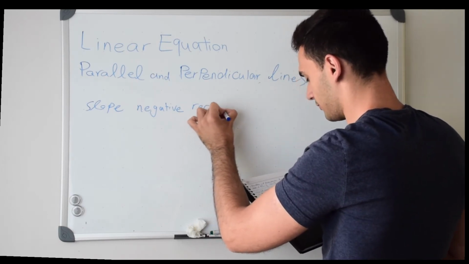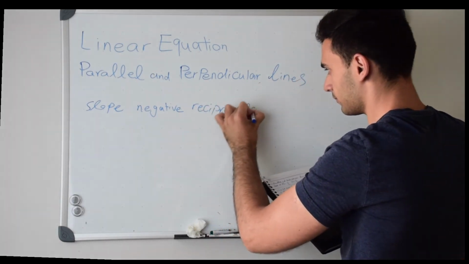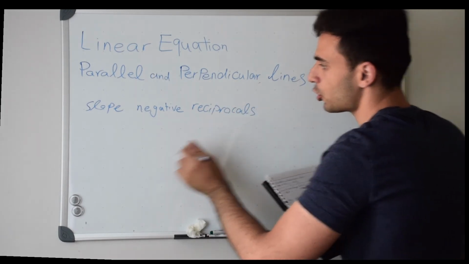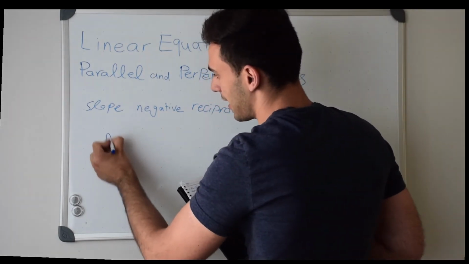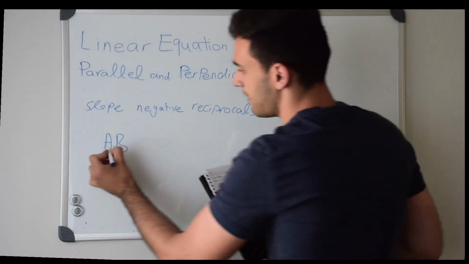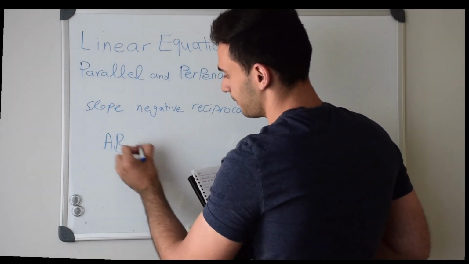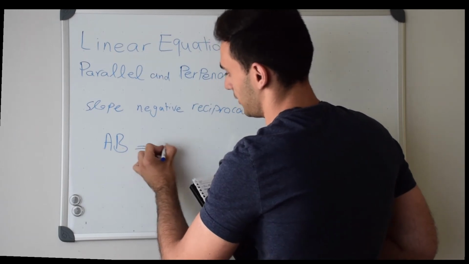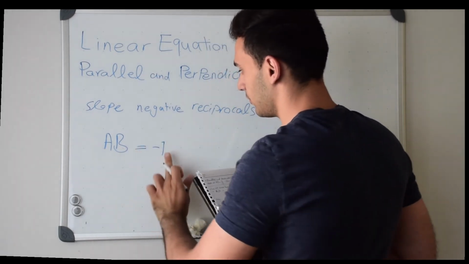Two real numbers, A and B, are negative reciprocals if you multiply them and you get -1 as the result.